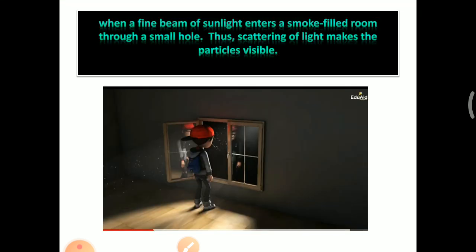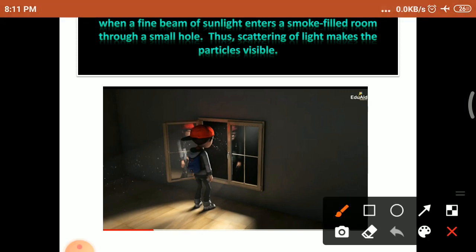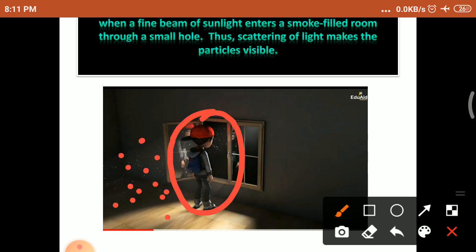Look at this image. Here the boy is standing in a dark room. The dark room consists of many tiny particles. So when a fine beam of sunlight enters into a smoke filled room through a small hole, the scattering of light makes the particles visible.